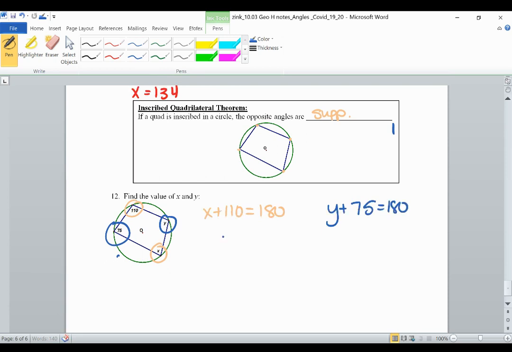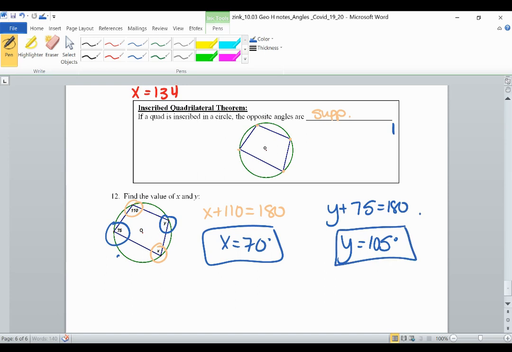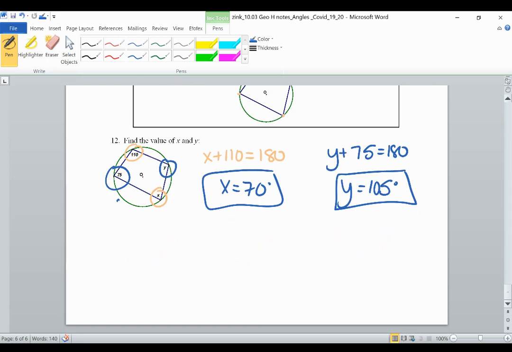Then you just solve. 180 minus 110 gives us 70 for x, and 180 minus 75 gives us 105 degrees for y. So if a quad is inscribed in a circle, then the opposite angles are supplementary.